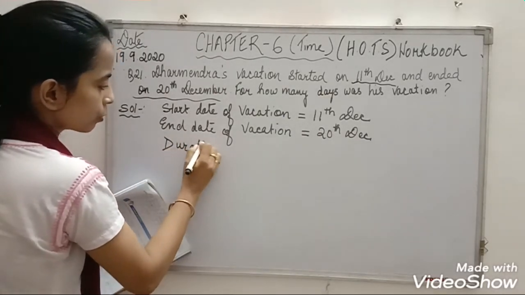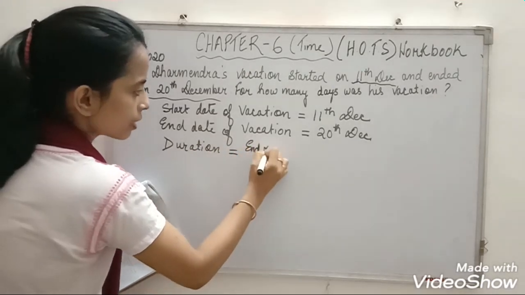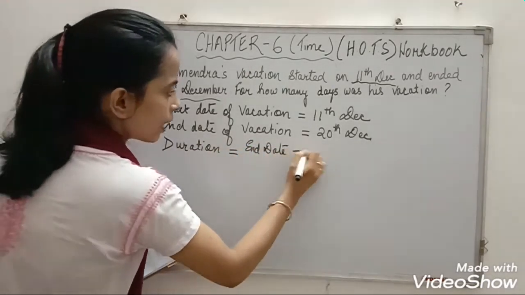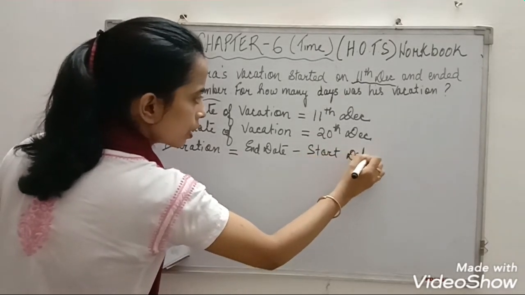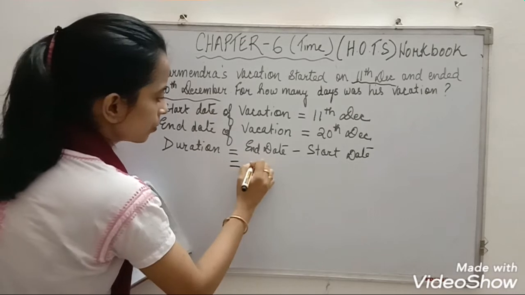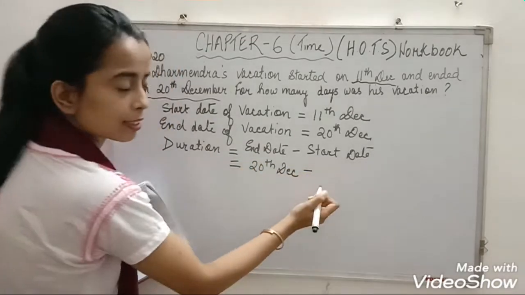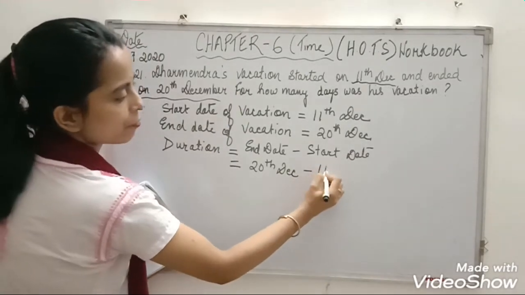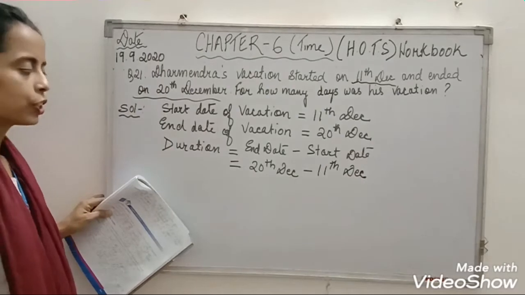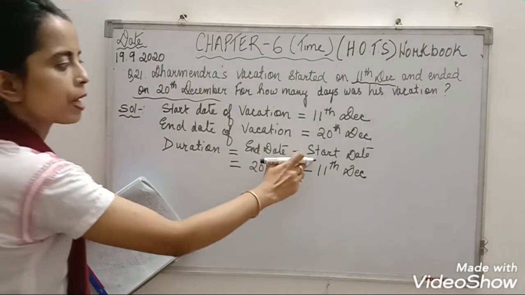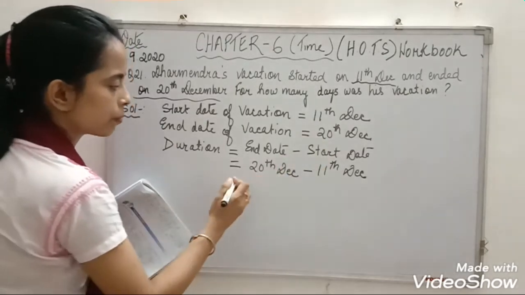So how to calculate duration, children? End date minus start date. End date is 20th December minus start date 11th December. So duration is end date minus start date.